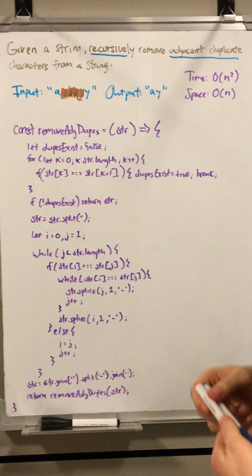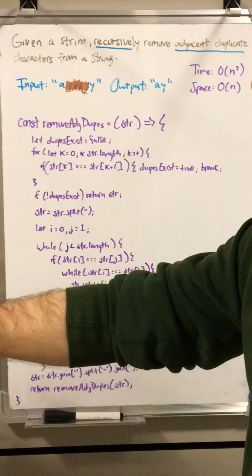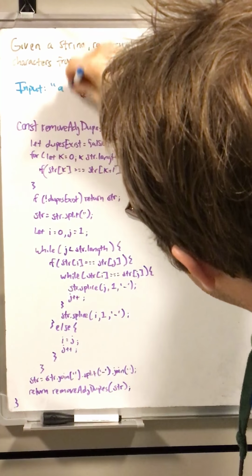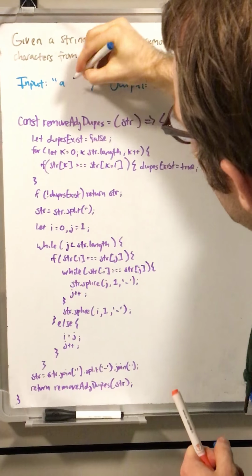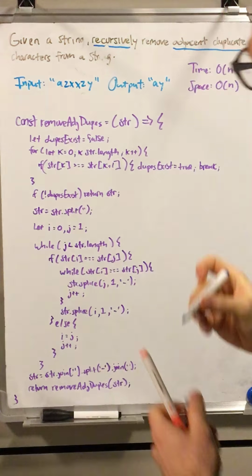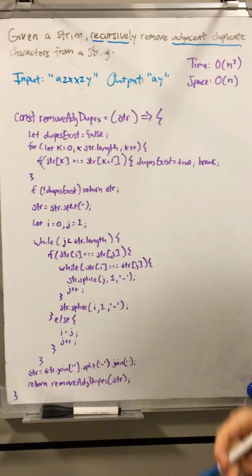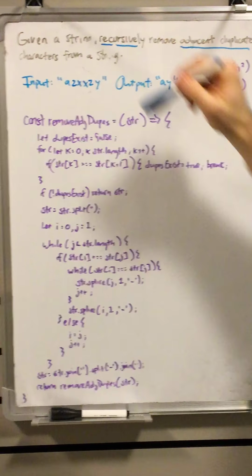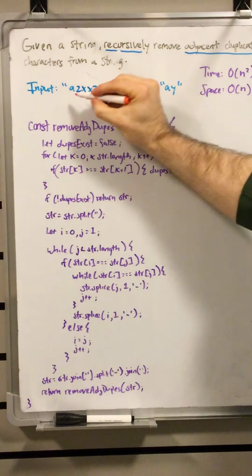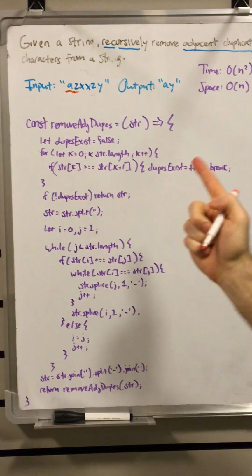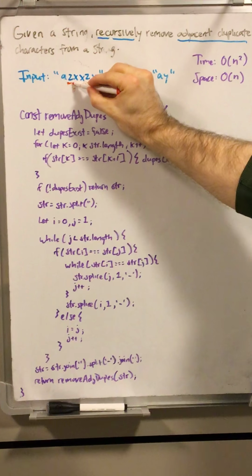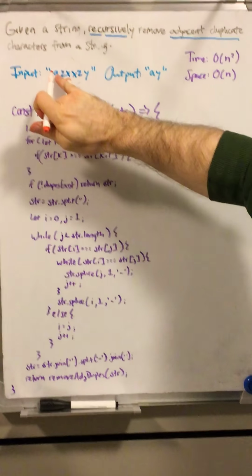So for our given example of xxzy, this function would take in azxxzy. It would look at az first, find that they do not look like each other. Then we'd increment onward to see that z and x don't look like each other.